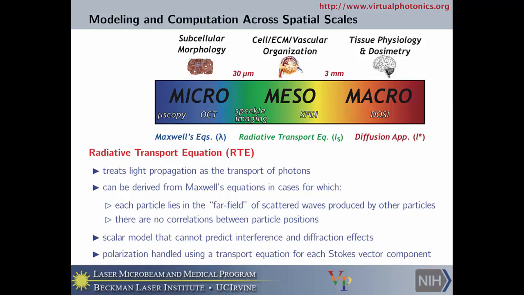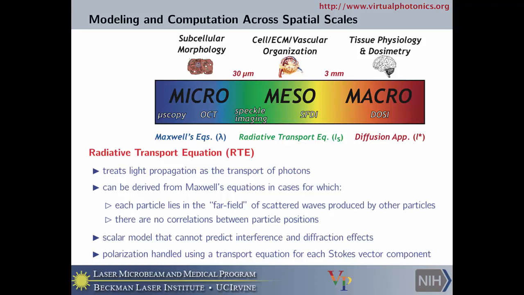So the radiative transport equation uses a very simplified approach for characterizing the angular distribution of scattering. In order for that to hold, you have to assume that each scatterer lies in the electromagnetic far field of all the other scatterers. And the other thing that we have to assume is that there are no correlations between particle positions, because if you have correlations in particle positions that are, say, spaced at some multiple of wavelengths of light, then you will preserve the optical phase relationships over large distances.